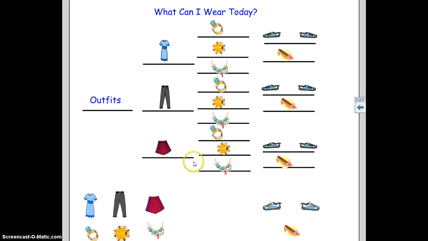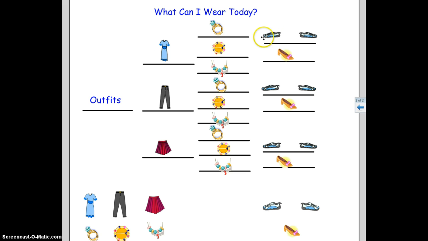So in conclusion, if someone were to come into my house and ask me how many different possible combinations of clothing I could wear to school today, I have 2 options or 2 strategies. I've already organized my information on this nice tree diagram, so I could either count out every option by saying blue dress, ring, tennis shoes, that would be 1.